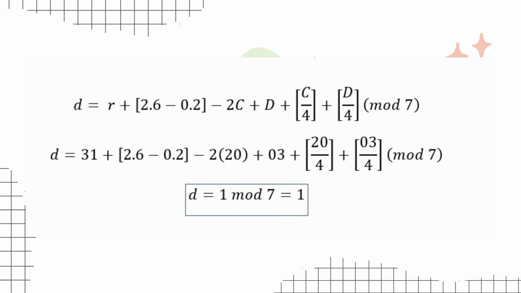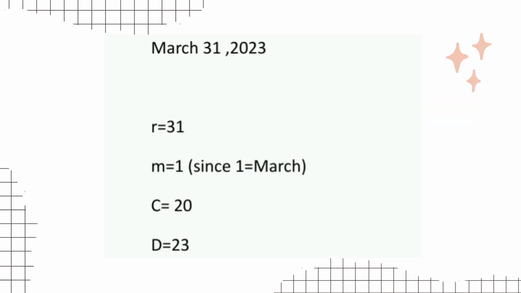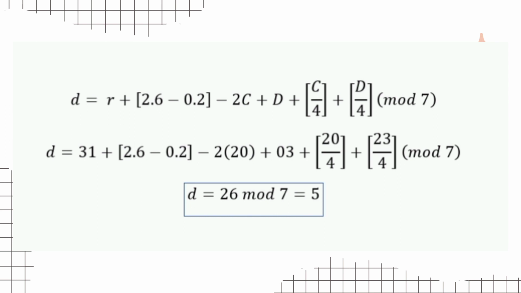Now let's find the day of the week of my birthday this year. Same process, but this time the value of d is equal to 23. So D equals 31 plus the absolute value of 2.6 times 1 minus 0.2, minus 2 times 20 plus 23, plus the absolute value of 20 over 4, plus the absolute value of 23 over 4, mod 7.